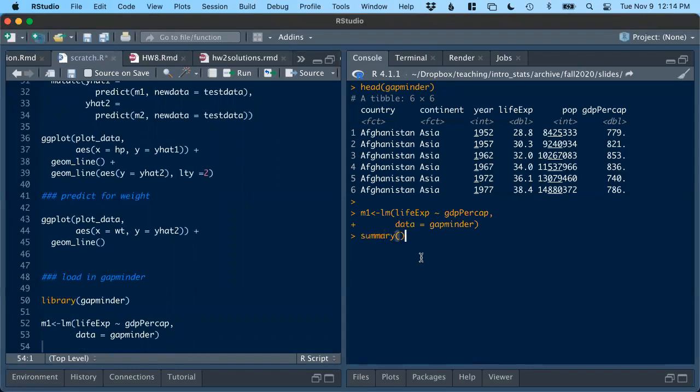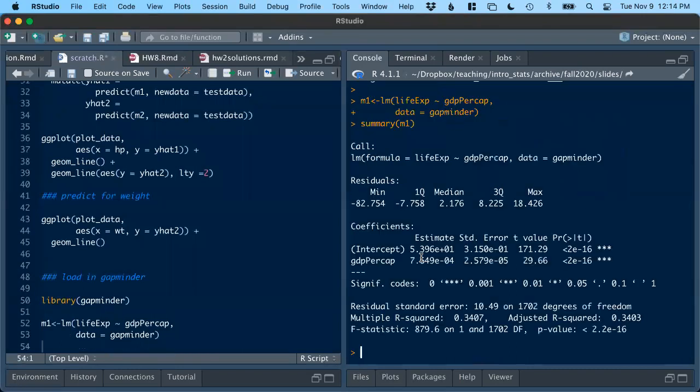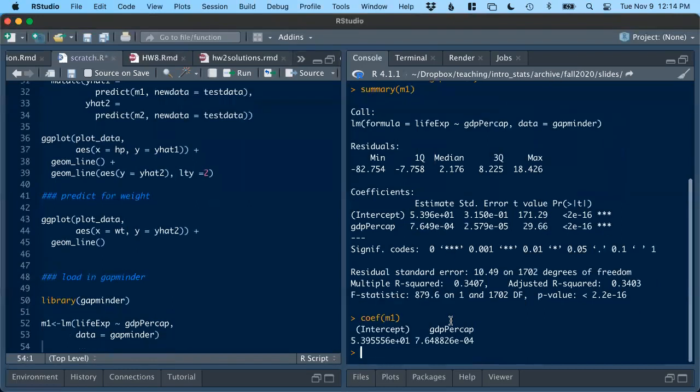Let's look at the summary. And what do we have here? What is that number? Anyone know what that number actually is? 7.6 E minus 04. Right, so that's 7.6 times 10 to the minus 4, which is equal to 0.00076.